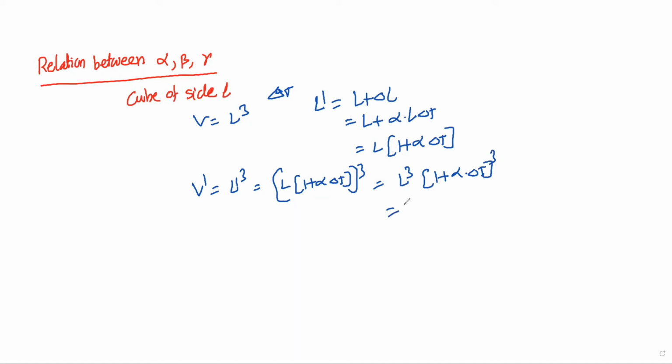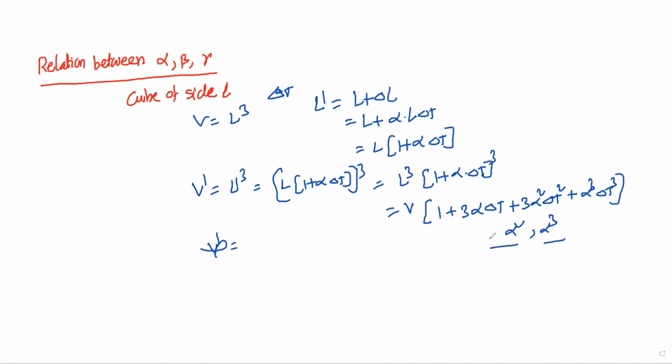L cube is V. Using (a plus b) whole cube is a cube plus 3a square b plus 3ab square plus b cube. Here alpha square and alpha cube are neglected because alpha is very small. Finally, V dash is equal to V into (1 plus 3 alpha delta T).